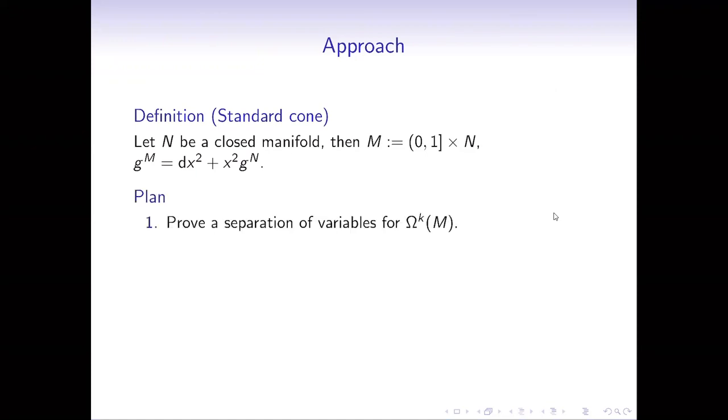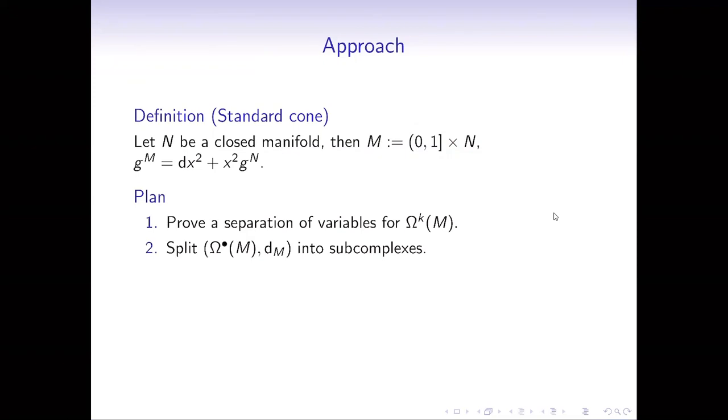Okay, so what's the plan? First of all, we're going to prove something we call a separation of variables. We want to separate the spectral parts coming from N and the spectral parts coming from the conical part. That will be our first step.